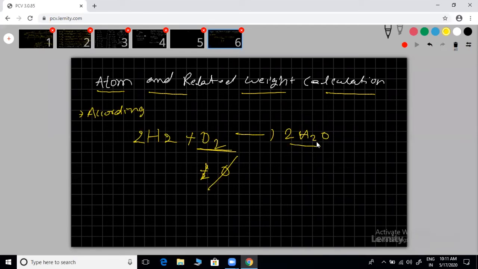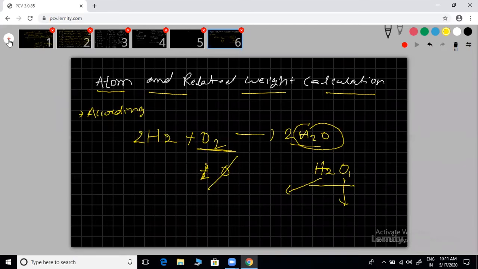You can't break half H2, half O2 like that. The reaction always fixes H2O: two hydrogen atoms should be present, one oxygen atom should be present. This is fixed. So atoms are not divisible. That is Dalton's theory. So if you want to calculate atomic mass, you have to take the complete hydrogen atom weight and oxygen weight. That's what we did on the previous slide.